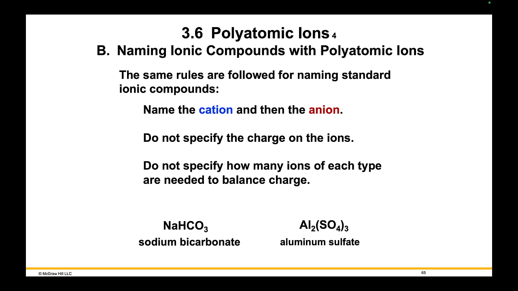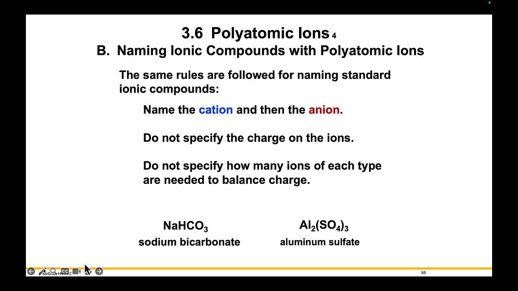When you name these, you're simply going to name the cation and then the anion. You don't have to specify the charges on these ions because they always stay the same. You don't need to specify how many ions of each type are needed to balance the charge either.